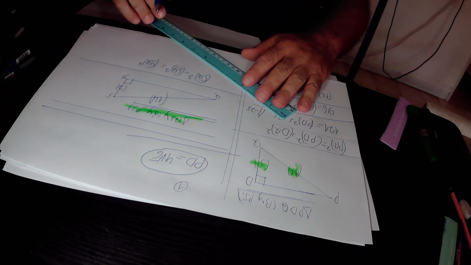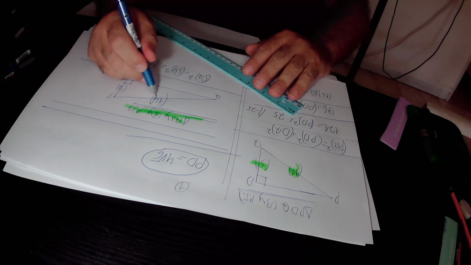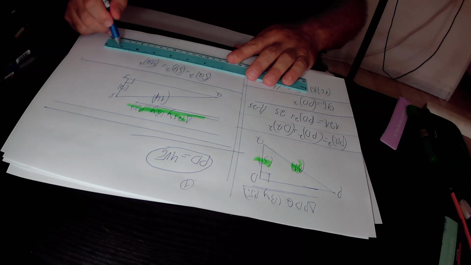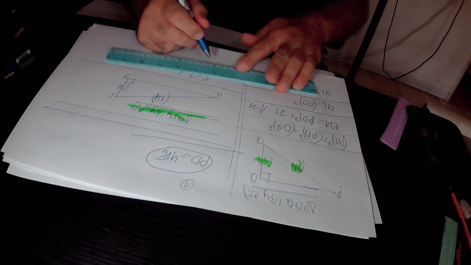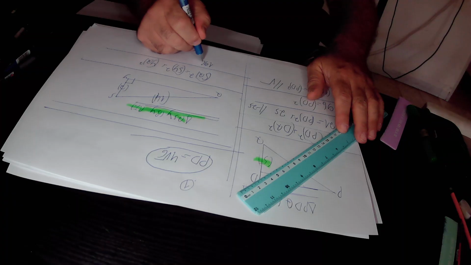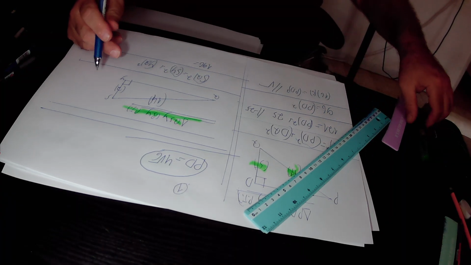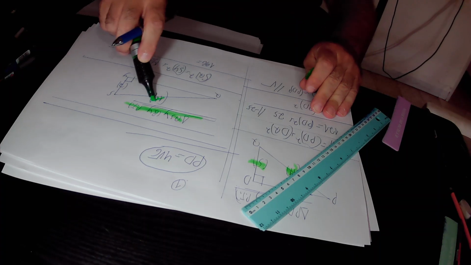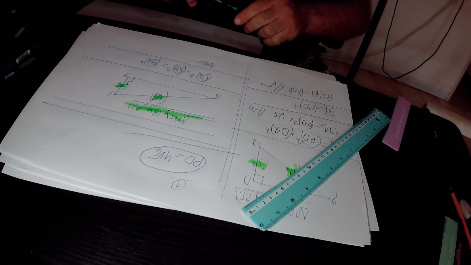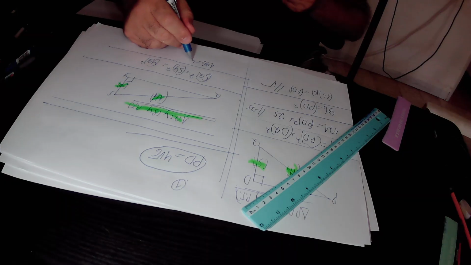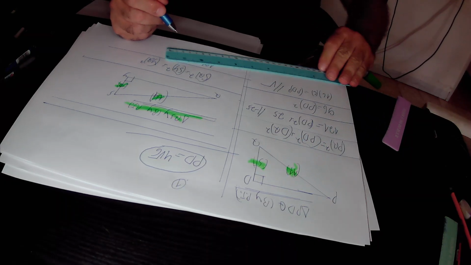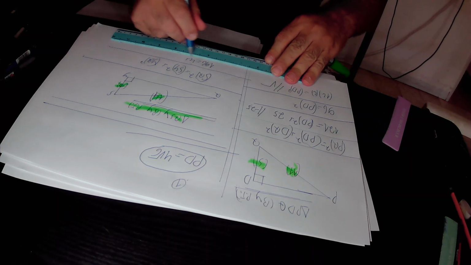SQ is 14, therefore SQ squared is 14 squared, that is 196, and it equals SY squared. SY is 2, therefore SY squared is 2 squared, that is 4, plus YQ squared. YQ is the missing side, so we leave it as it is.